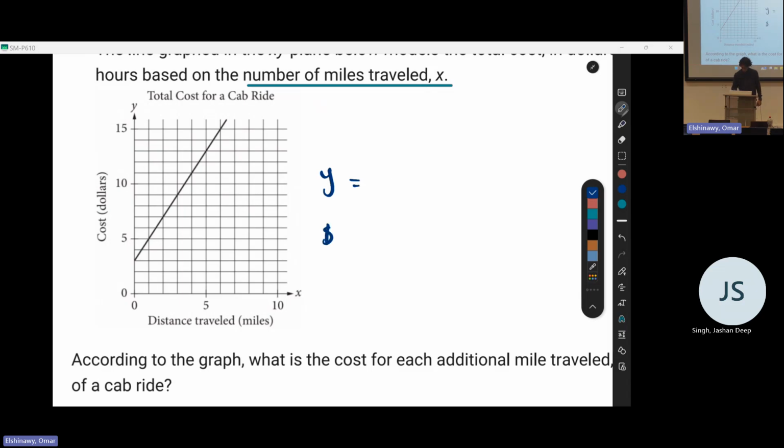It's like 6.5. What do you mean by 6.5? Oh, okay.